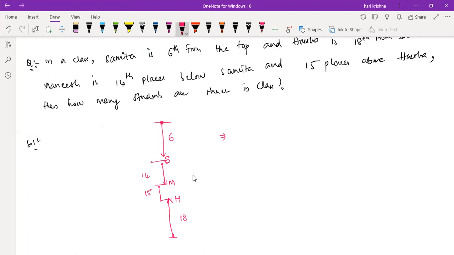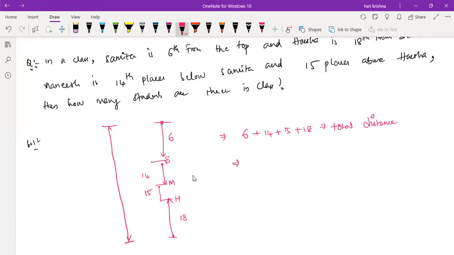So what is the total distance from top to bottom here now? Directly you can add, right? So 6 plus 14 plus 15 plus 18 only, right? That will be the total distance.